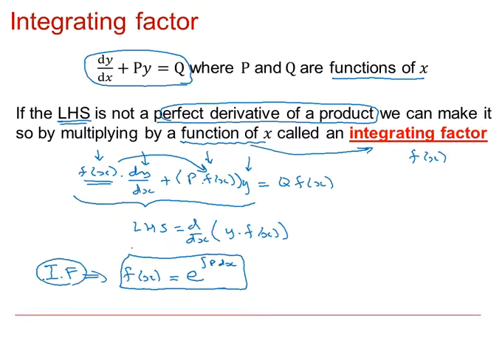The integrating factor is e to the integral of P dx. If you want a more formal proof of how this works, you will find it in a textbook or on the internet.